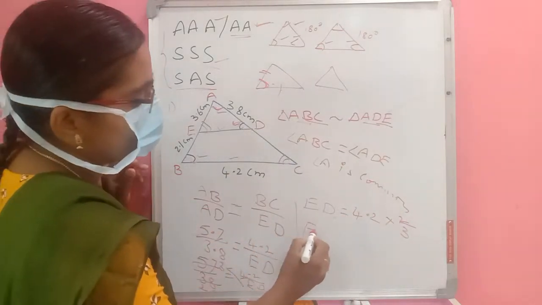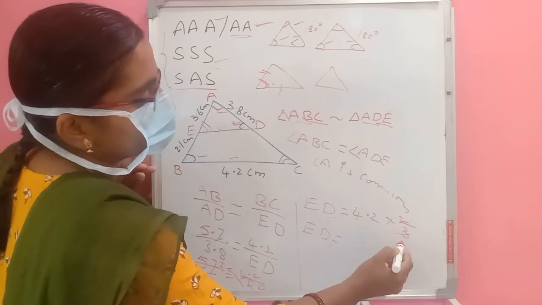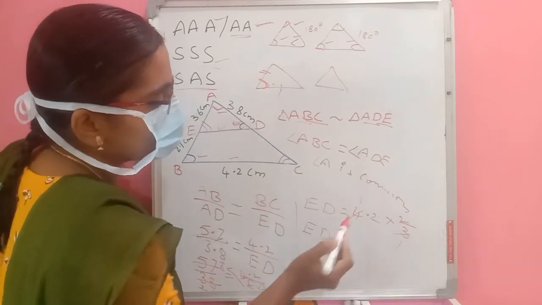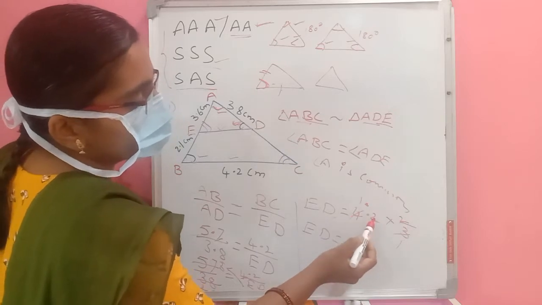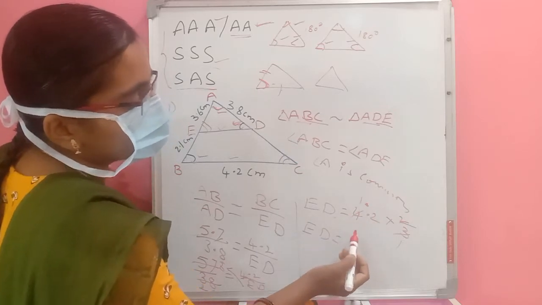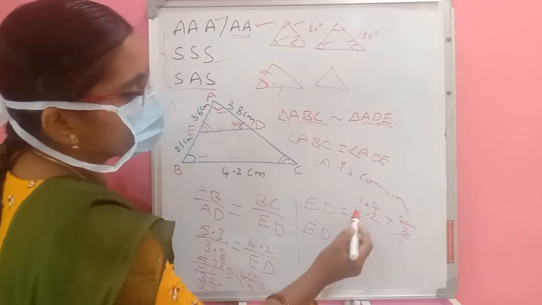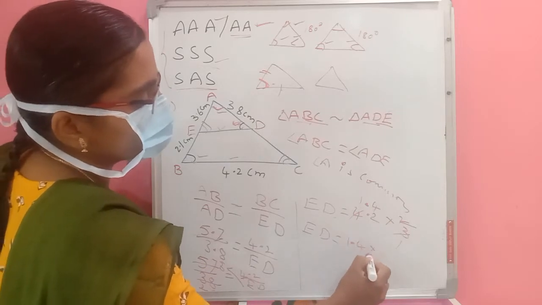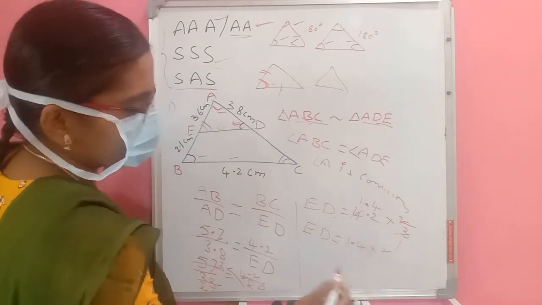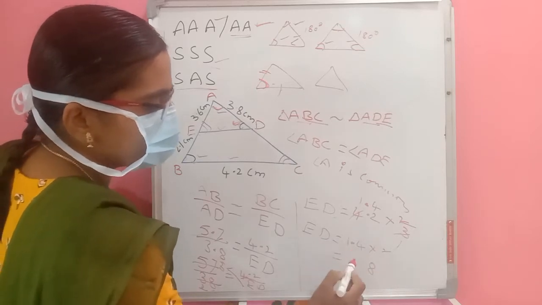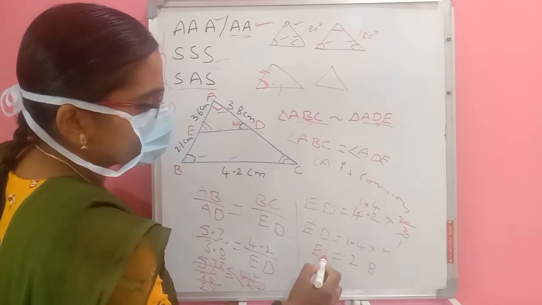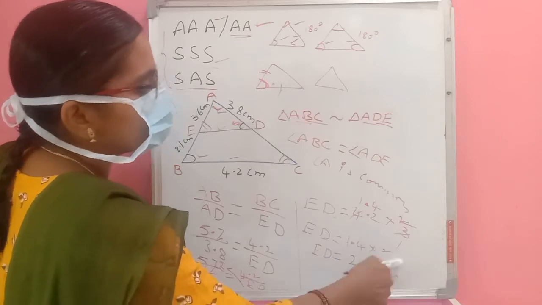Then ED is equal to 3 ones are 3, 3 ones are 3. The remaining point 1 becomes 1, and 12. Then 3 fours are 12. 1.4 into 2. So 2 fours are 8. Point. 2 ones are 2. ED is equal to 2.8 centimeter.